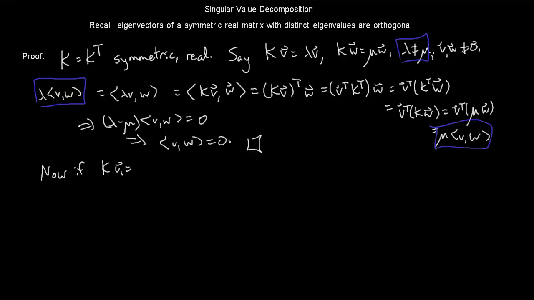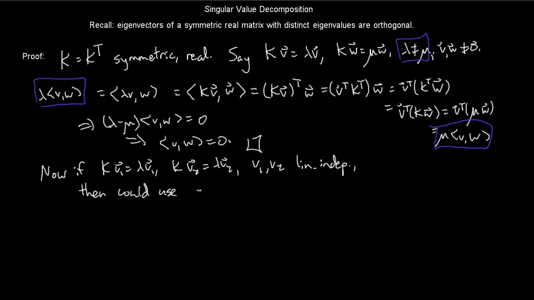Now, if I had two eigenvectors for this symmetric matrix that had the same eigenvalue lambda, but they were still linearly independent, meaning in this case not scalar multiples of each other, but you could do this with a larger collection of vectors, then you can do the Gram-Schmidt process with them and orthonormalize them, if you like.